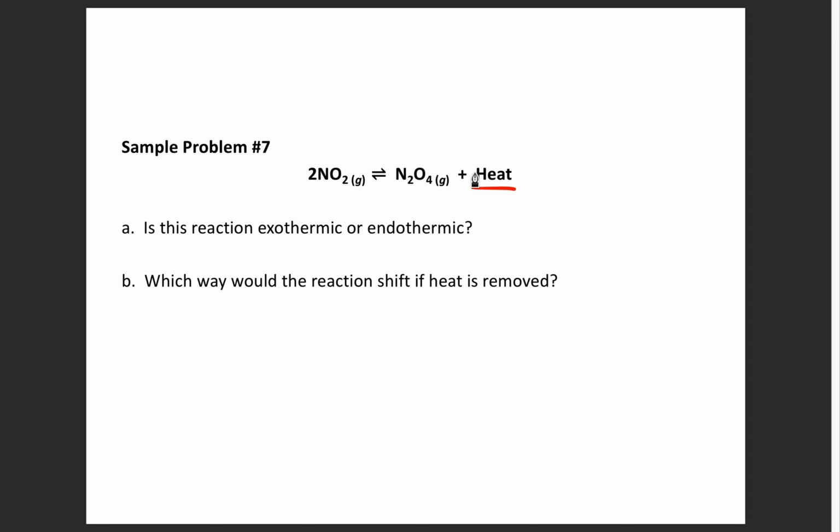Well, since heat is on the product side, that means heat's being produced, and if heat's being produced, we have an exothermic reaction. So which way would the reaction shift if heat is removed? If you're taking away heat, that means you're not going to have enough of it. You have to make more of it, which means the reaction would shift to the right.